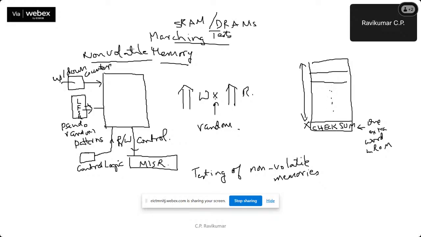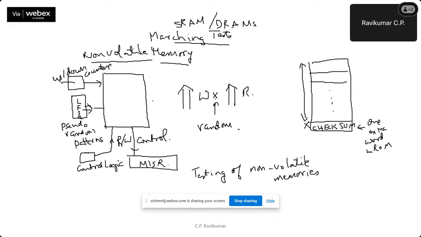And if any one of the ROM bits gets corrupted, then this checksum is very likely to change. If there are multiple errors, it may not change. But if there are single errors, the checksum is likely to change, and we may be able to use that also as a simple check for whether there is an error in the ROM. So this is a very simple technique that is often used.